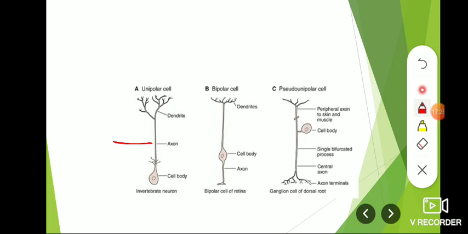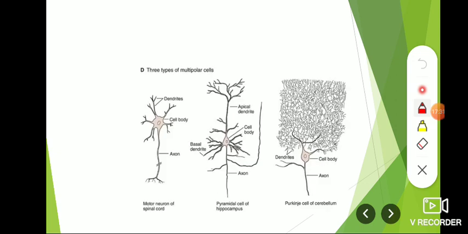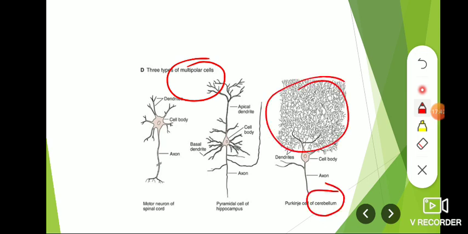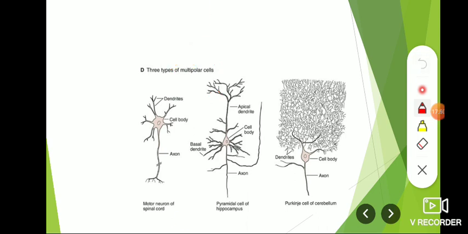So this is the anatomical classification: unipolar, bipolar, and multipolar, which have multiple connections with different neurons. You can see typical neurons in the cerebellum. They have a bunch of connections, thousands of synaptic connections with a single neuron. So these are the anatomical classifications of different neurons.